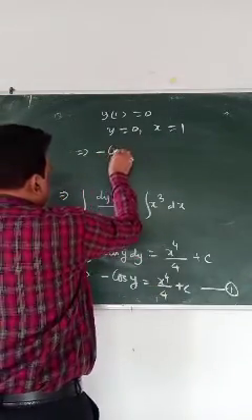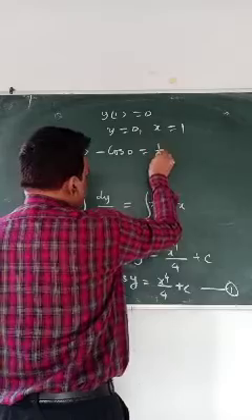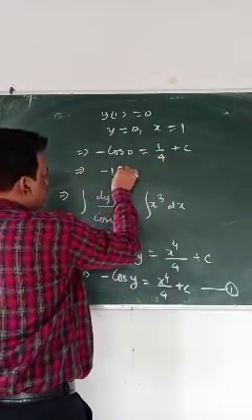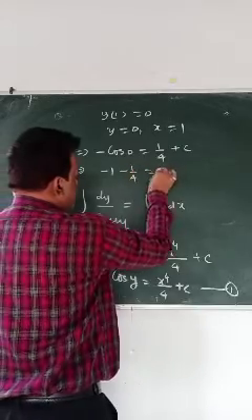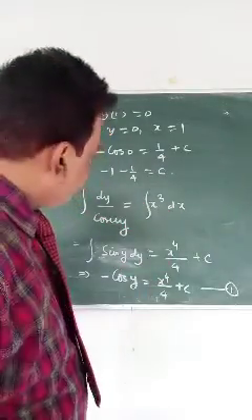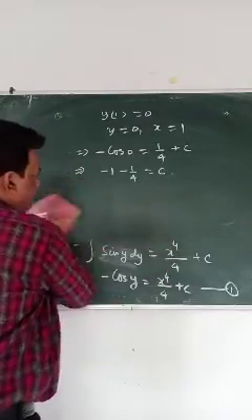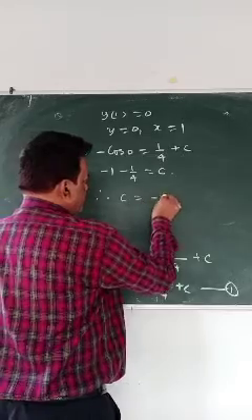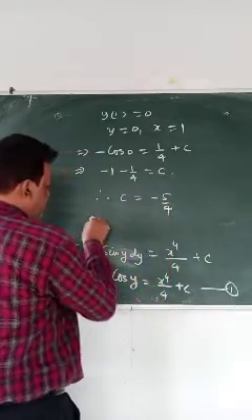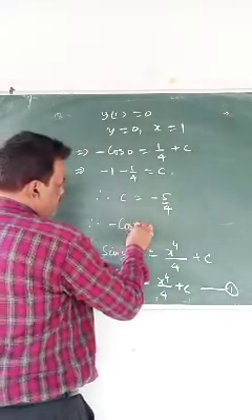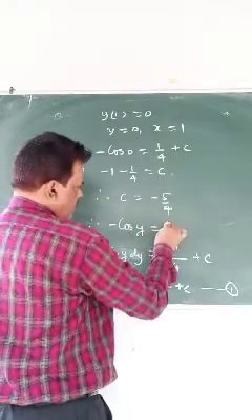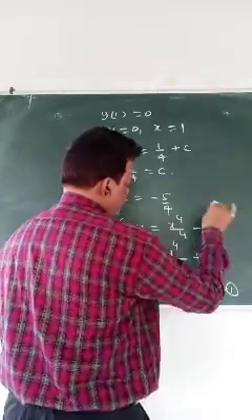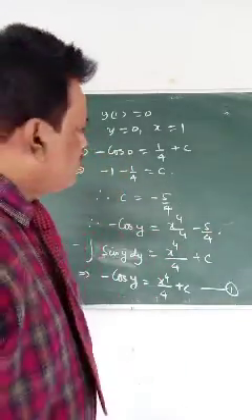Implies minus cos 0 is 1 by 4 plus c. Cos 0 is 1, minus 1 by 4 is c. So c equals to minus 5 by 4. Therefore minus cos y equals to x to the power 4 by 4 minus 5 by 4. Solution? Okay.